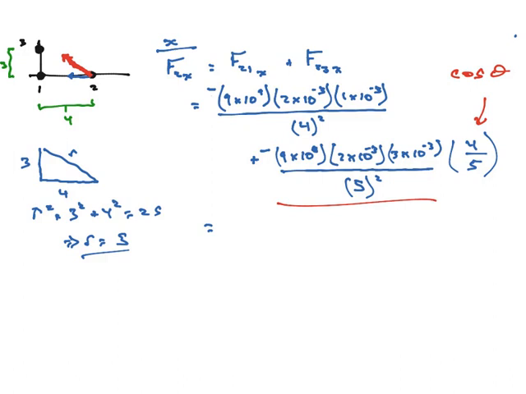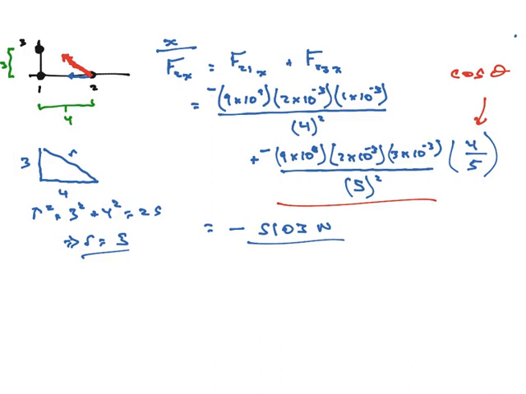Right, and I believe this comes out to be minus 5103. Okay, negative to the left, and it's this amount. This is only the x component of the force felt by charge 2.